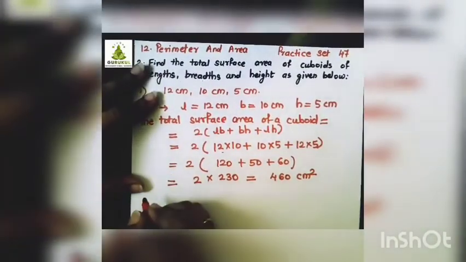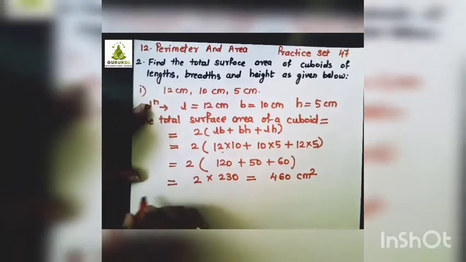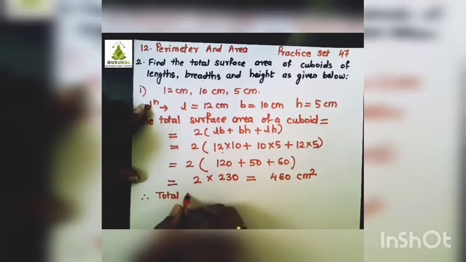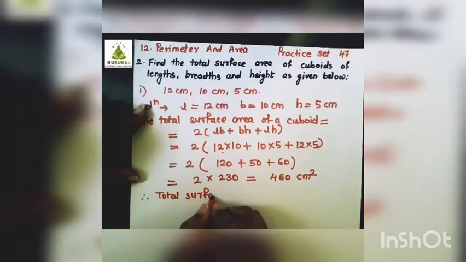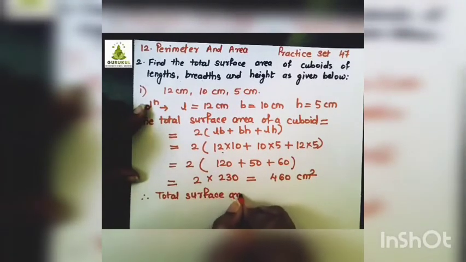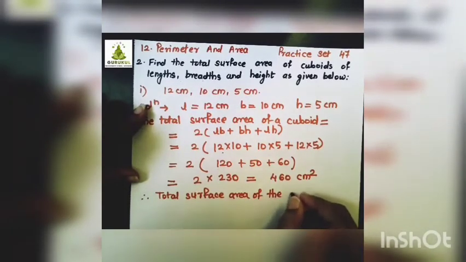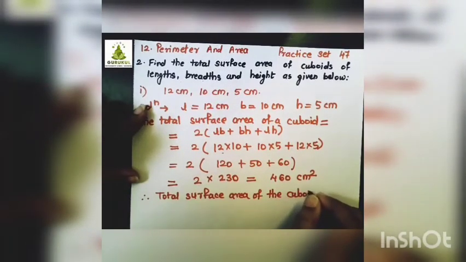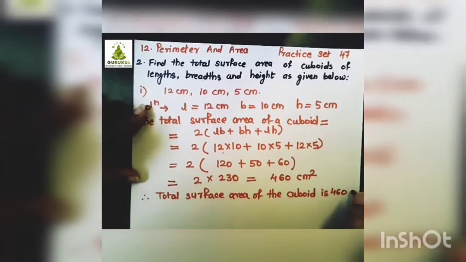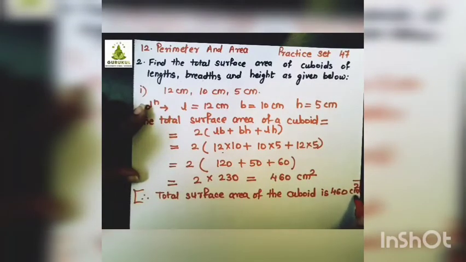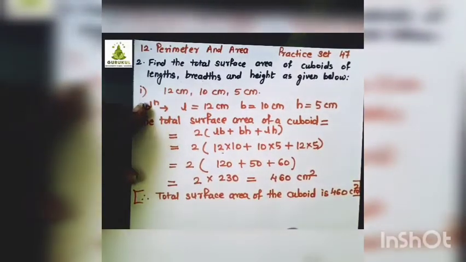So we can write it in the statement form. Therefore, total surface area of the cuboid is 460 centimeter square. Okay, this is the answer.